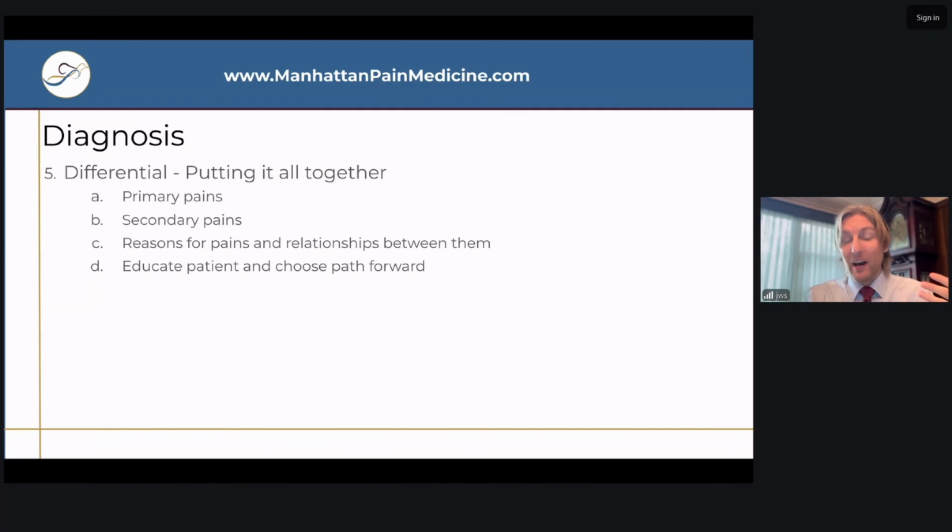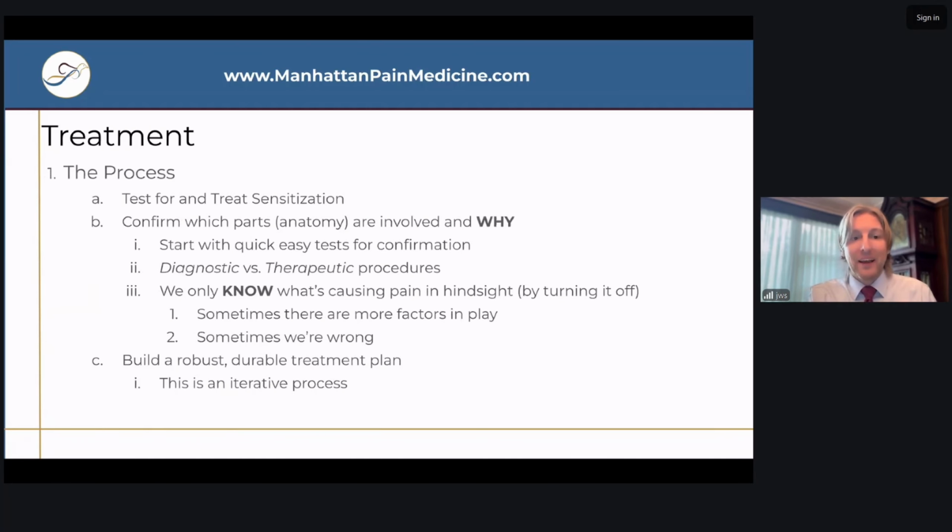And then we talk about how do we prove it? And then once we prove it, how do we treat it? And sometimes those proving it and treating it things come together because it's really difficult to know for certain if we got the diagnosis correct until we actually treat it and the treatment works. So I explain that to them as well.